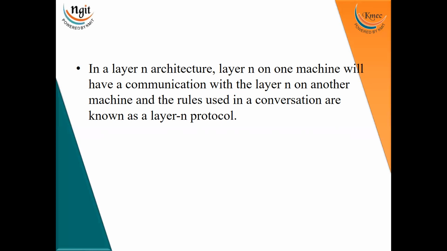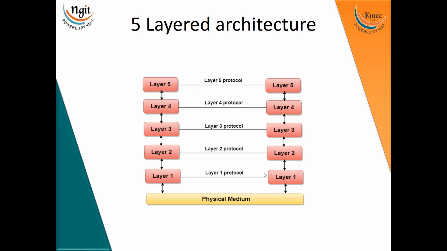Here we follow the rules, which in a conversation are known as the layer N protocol. This is a 5-layered architecture. Here we have a physical medium. In this layered architecture, we have layers 1, 2, 3, 4, 5. Whenever we have a communication, it is from layer 1 to layer 1 only.